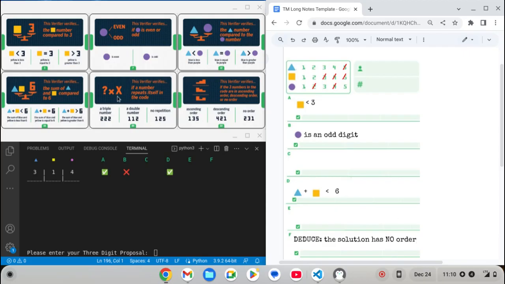And similarly, we can use the options in criteria card F in the following way. If we know that a 3-digit code is a triple number, we would know that it would have no order because there is no change between the digits. It neither increases nor decreases, therefore making criteria card F irrelevant.